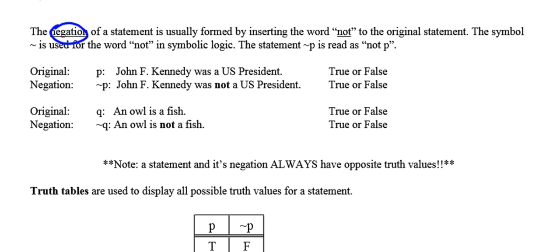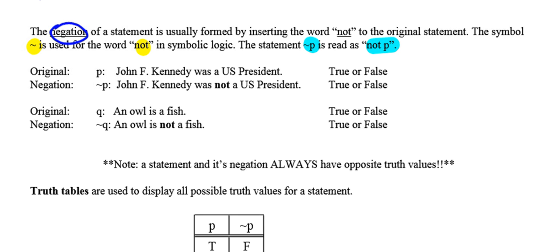The little symbol that we're going to use to represent the word not, so this is kind of like texting when you use your phone and you abbreviate and use shorthand notation. That's exactly what we're doing here. This little squiggle symbol is going to be representing the word not anytime you use symbolic logic. So when you see that little squiggle P, what you say is not P.